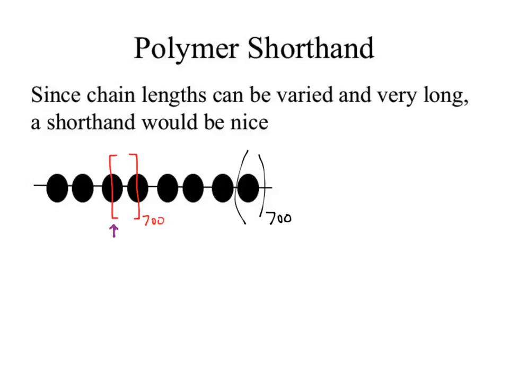At least none of my students would ever remember that. For establishing R and S, we rank by our highest priority atom. Sometimes the highest priority atom is very cleanly at the beginning of our monomer, or we could at least draw it that way. Sometimes it's in the middle of the monomer, which would then change how we represent our polymer structure. So we have to be a little bit careful and aware of that issue.